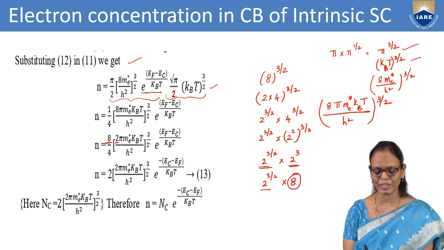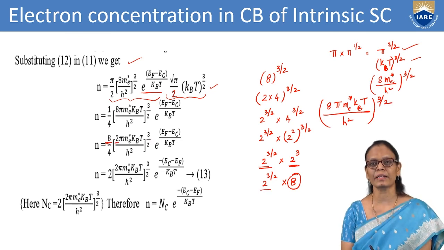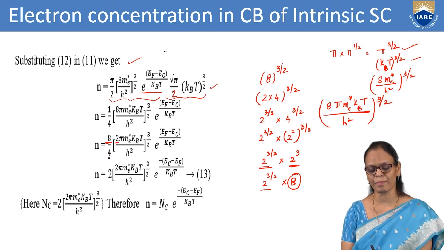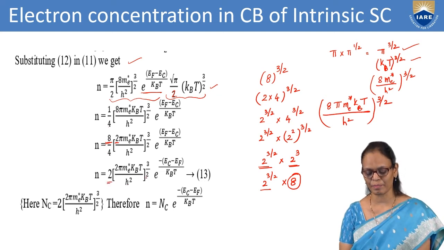That is how we are getting this 8 here. So just by simplifying 8 power 3 by 2, you are able to write it as 8 by 4, 2 pi me star kBT by h square power 3 by 2, and this term remains as it is. So you can simplify this now. 8 by 4 gives us 2. 2 pi me kBT by h square power 3 by 2.